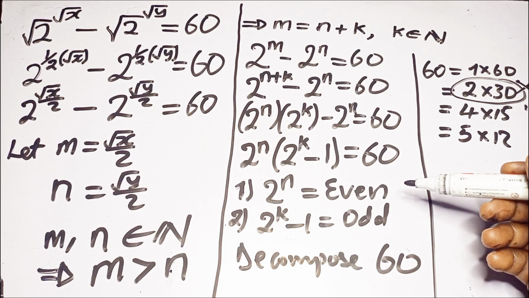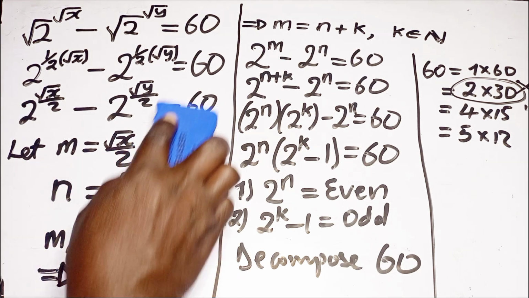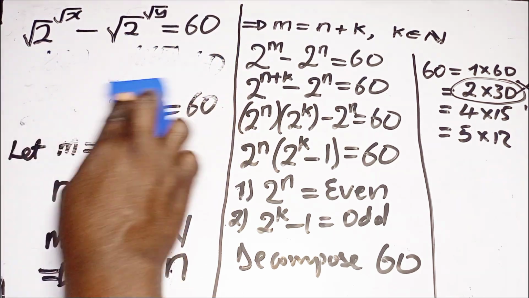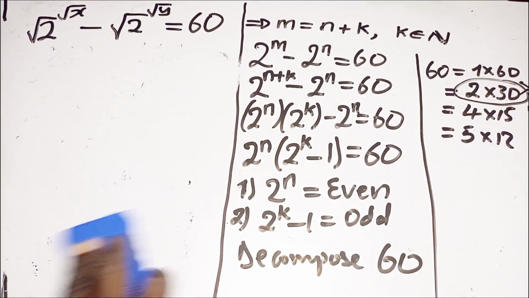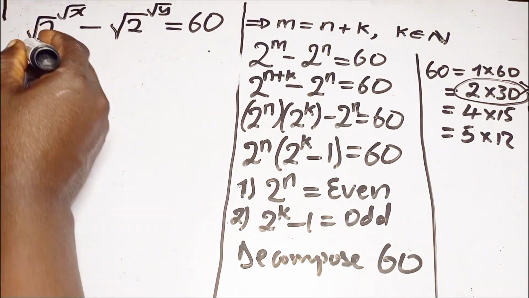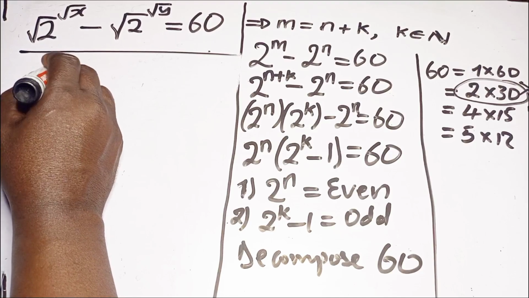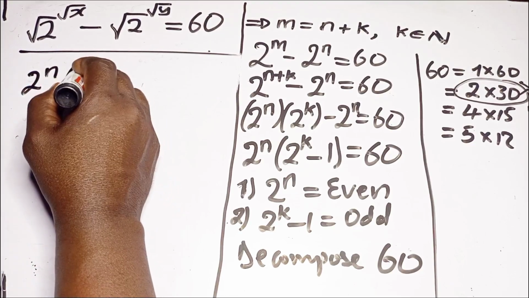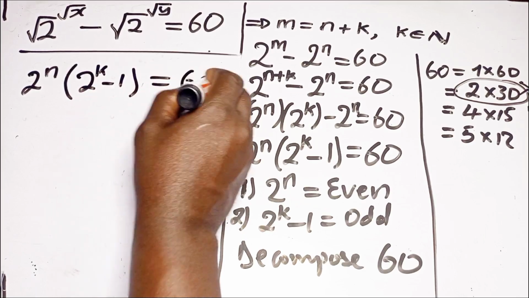Now let's take the first one, 1 multiplied to 60. If we take 1 multiplied to 60, 2 to the n into 2 to the k minus 1 equals 60.